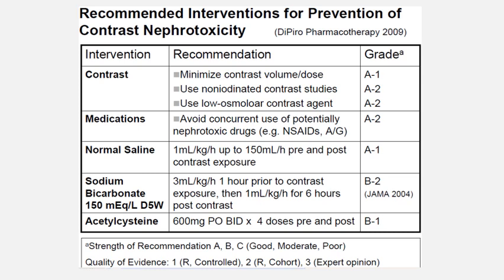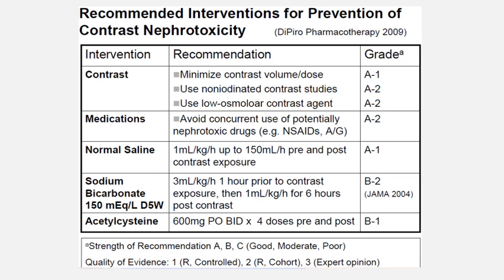The administration of sodium bicarbonate 150 milliequivalent per liter in dextrose 5%, at 3 ml per kg per hour 1 hour prior to contrast exposure, then 1 ml per kg per hour for 6 hours after the administration of the contrast media, results in less damage to the kidneys.